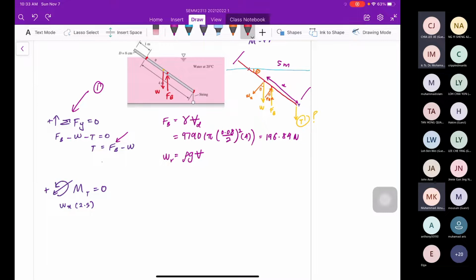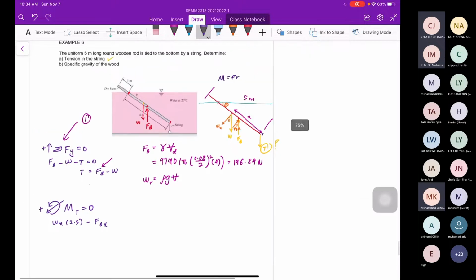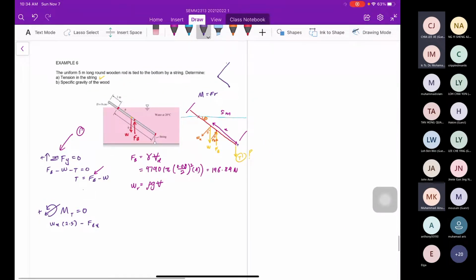For the FB, it is negative. You can see from T, go to FB and then follow the FBX. So it is negative. So minus FBX, by considering this is X, this is Y direction.